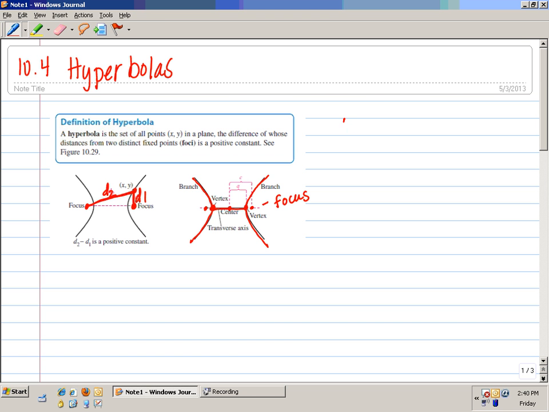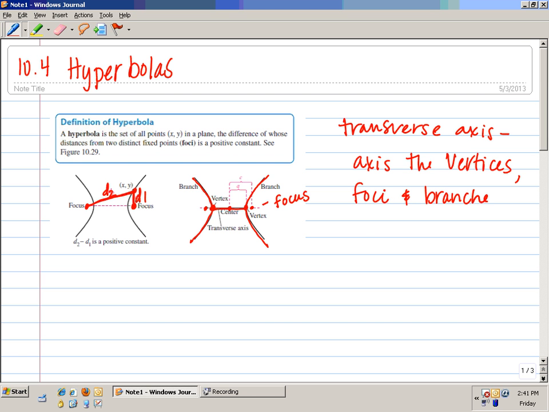So the transverse axis is the axis the vertices, foci, and branches sit on. And once we look at the equation of a hyperbola, we'll be able to easily and quickly identify where our transverse axis is, if it's x or y.